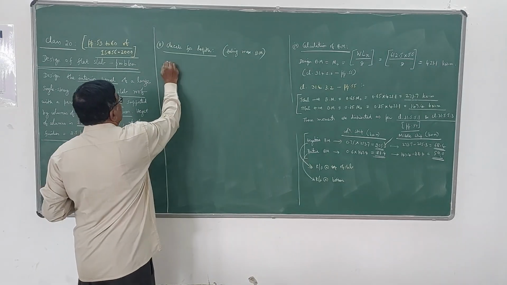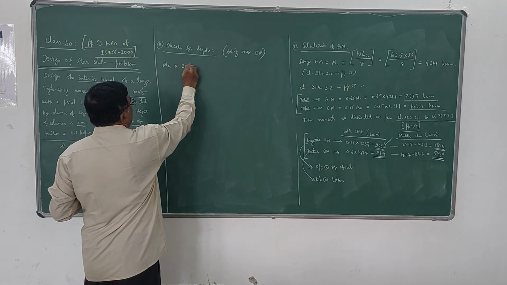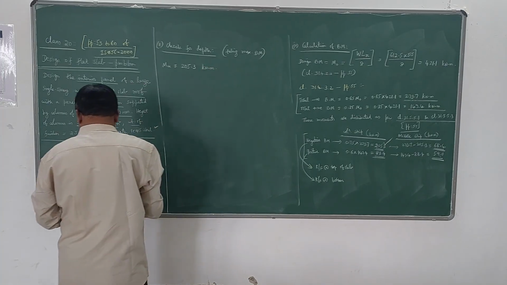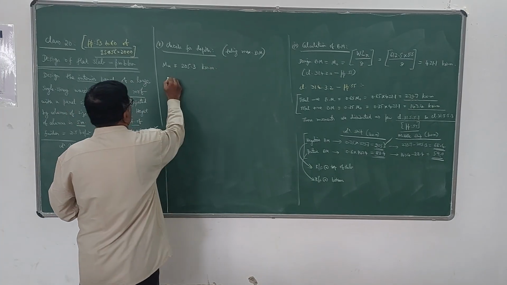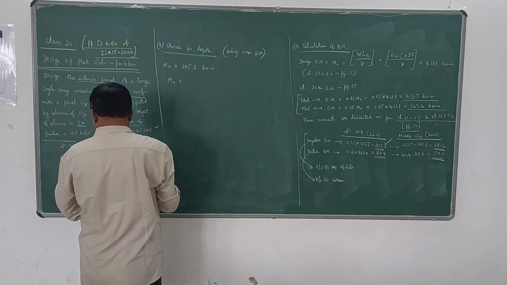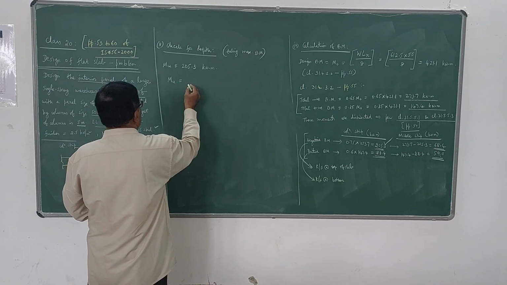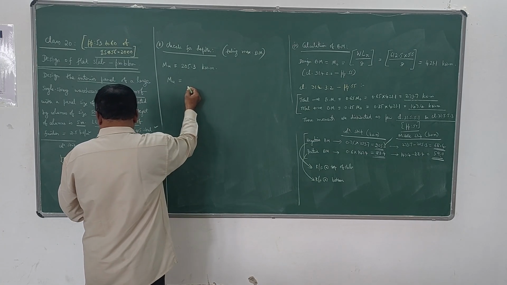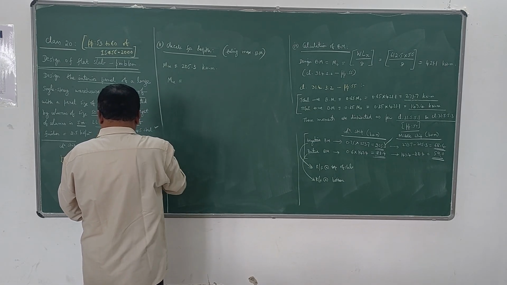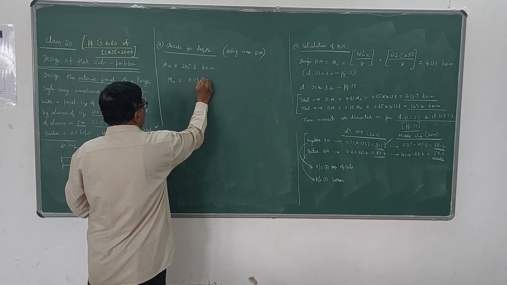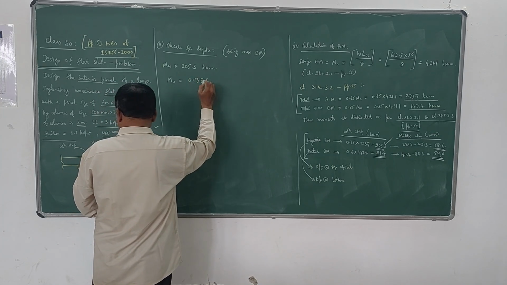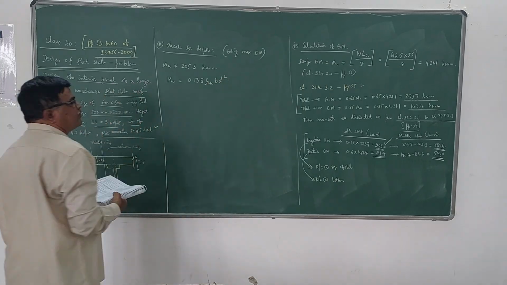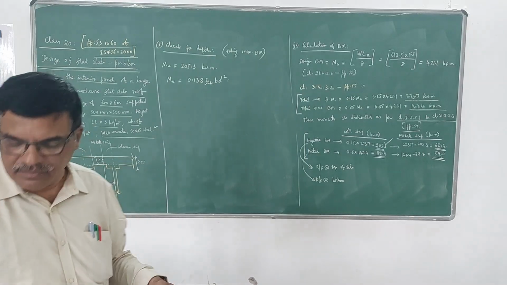So, Mu is 205.3 kilonewton meter. The equation available in the code is Mu equal to 0.138 fck b d square.